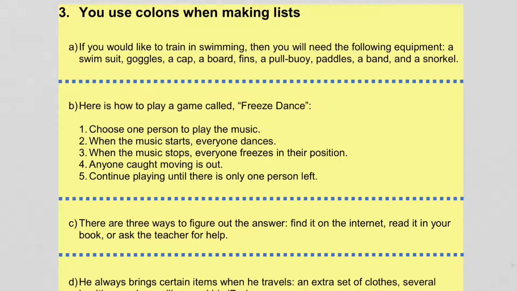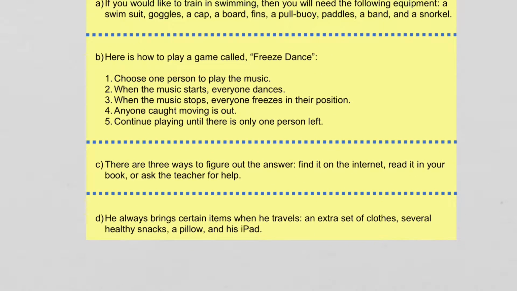I could say, if you would like to train in swimming, then please bring a swimsuit, goggles, a cap, a board, right? Then I wouldn't need a colon, but because I've got these words here, then you will need the following things. Because I'm saying that, I need to have a colon there.